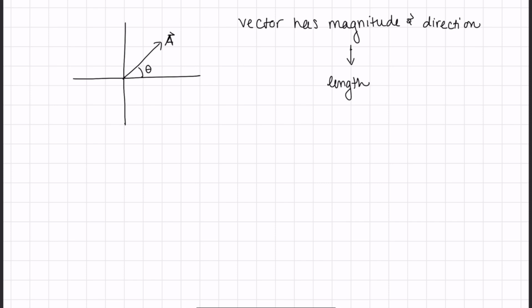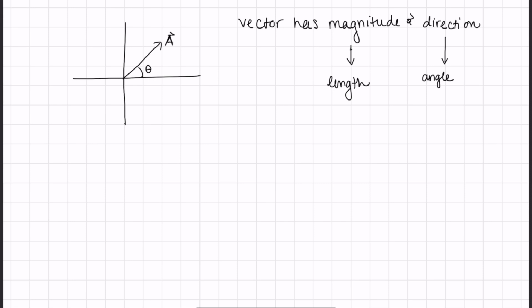So if we have some vector A and we set it up just so that it's at the origin and it has some angle, then, well, first I would say a vector has magnitude and direction, where the magnitude will correspond to the length of that vector, and the direction is going to be typically some angle, is a way that you could think about it.